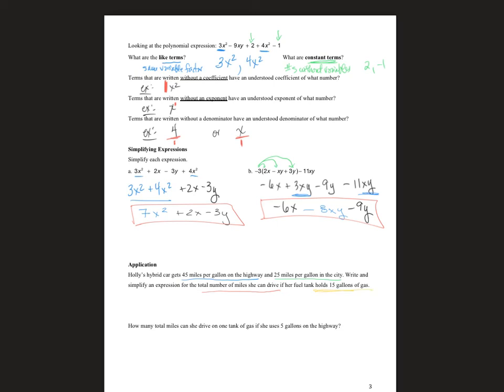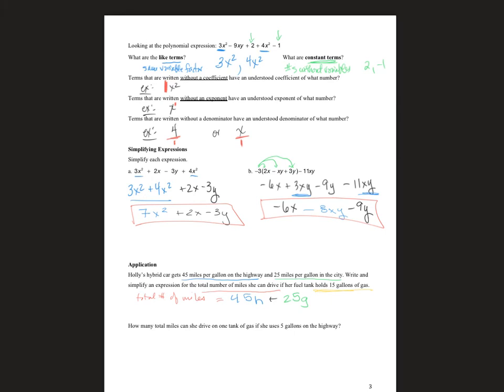So the total number of miles she can drive is going to equal, well, those 45 miles per gallon on the highway plus 25 miles per gallon in the city. So that's our first expression.